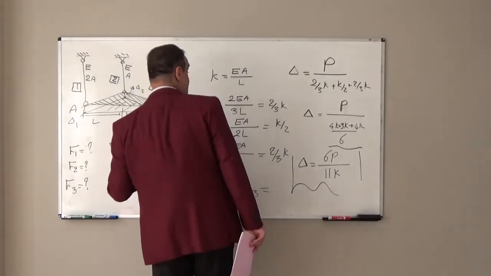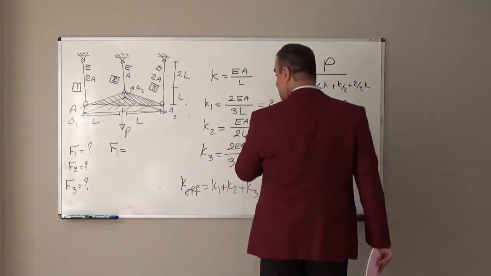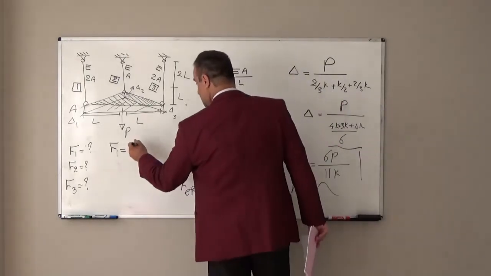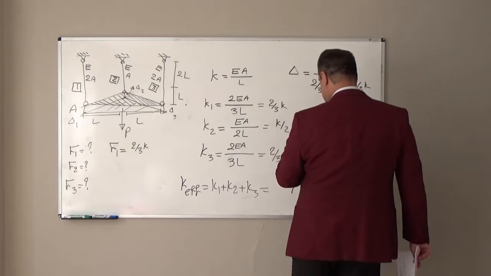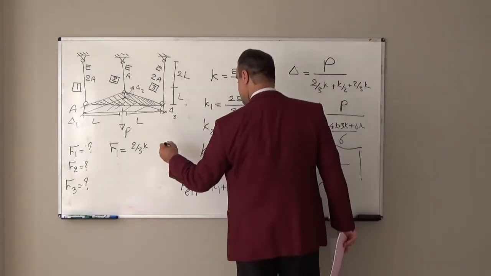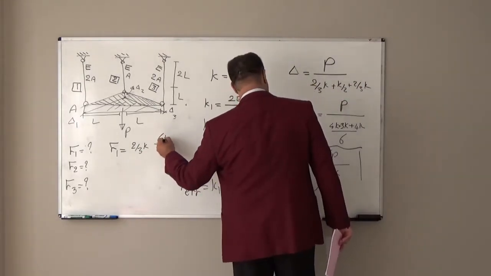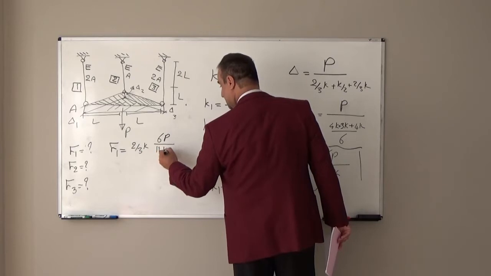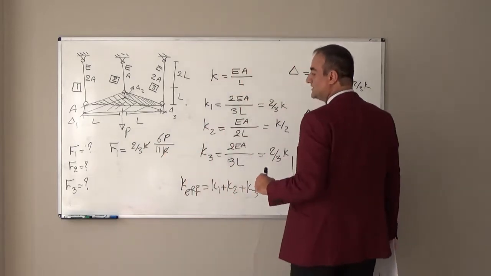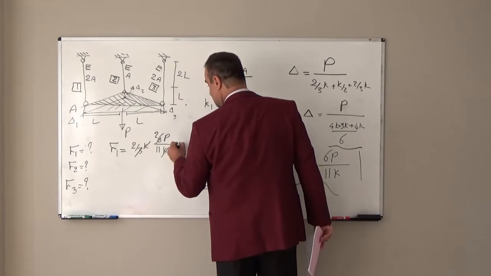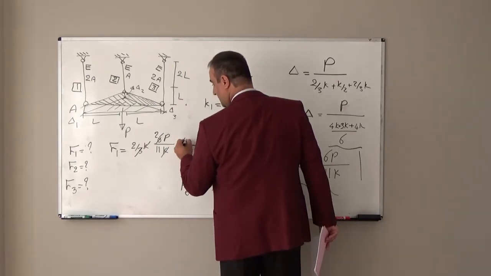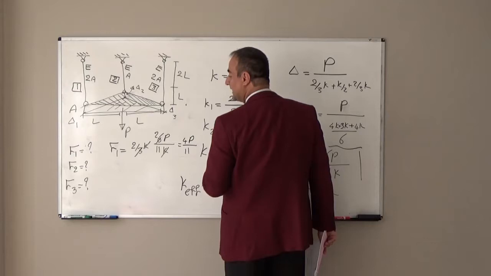F1 is equal to stiffness of that spring times deformation. So it will be 2 over 3K times this delta, which is 6P over 11K. K and K cancel each other. 3, this will be 2, it will be 4P over 11.